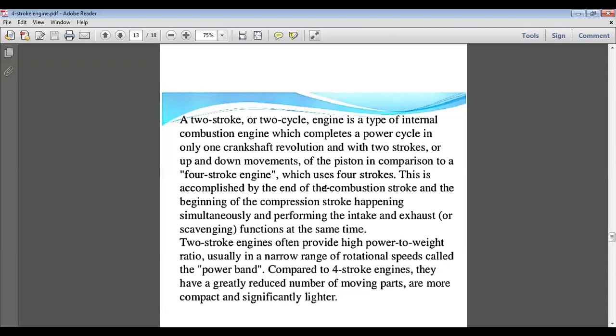This is accomplished by the end of the combustion stroke and the beginning of the compression stroke, performing the intake and exhaust functions at the same time. The 2-stroke engines often provide a high power to weight ratio, usually in a narrow range of rotational speeds called the power band. Compared to the 4-stroke engine, they have a greatly reduced number of moving parts, are more compact and significantly lighter.